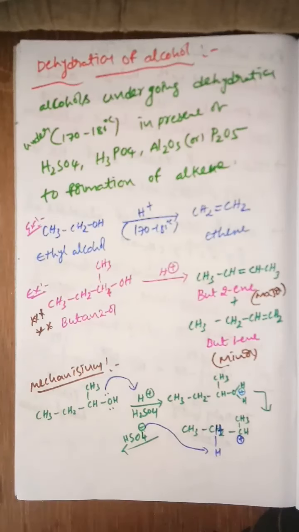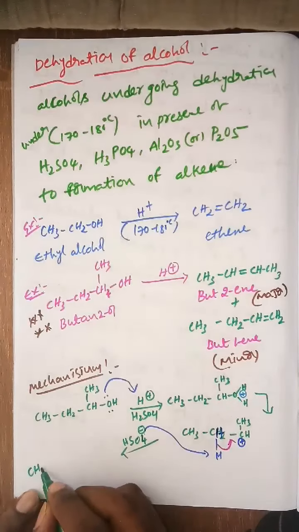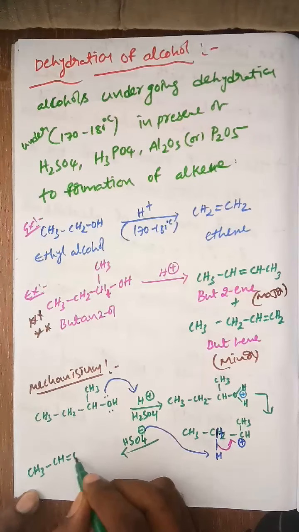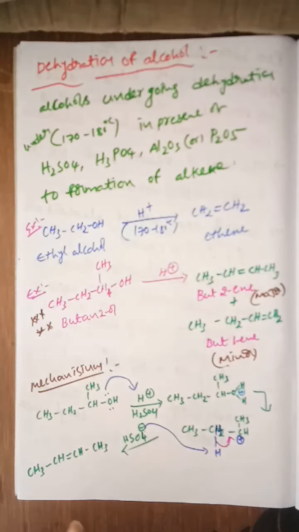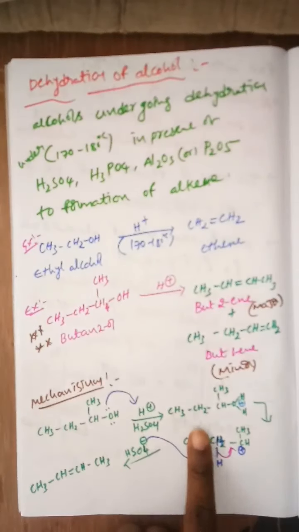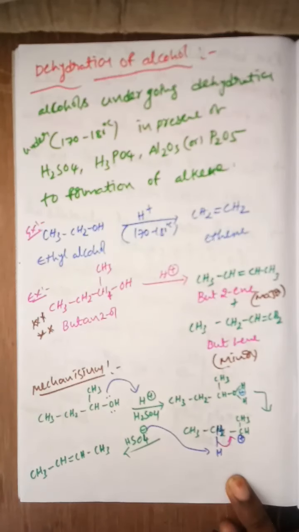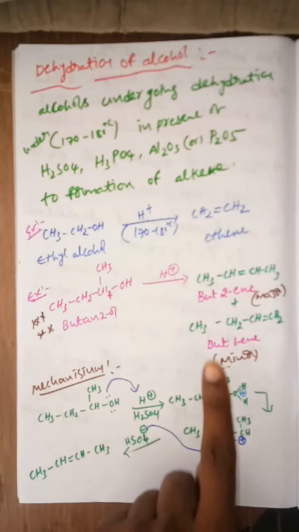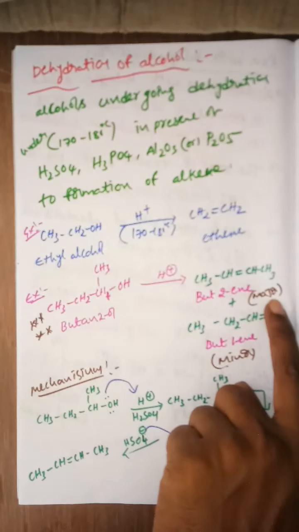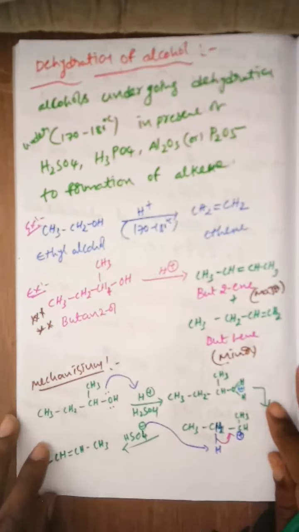So this H will be taken, and the bonded electrons migrate to this side to form the compound CH3CH=CHCH3. This is the product that forms. So what is the name of the product, students? The name of the product is but-2-ene.